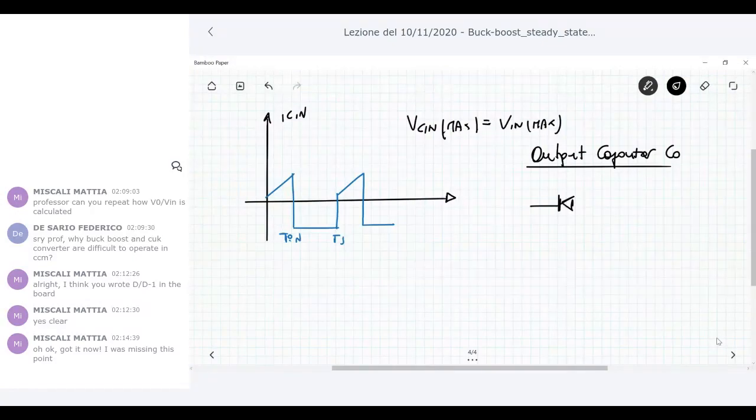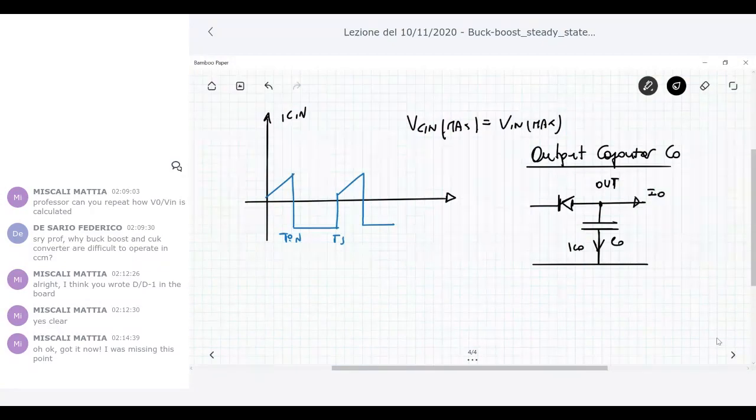C naught. Now we have here a diode. The node is called out. Suppose that the direction of the current through C naught is this one. Then you have here I naught, which is a DC current, and here you have ID, the diode current.